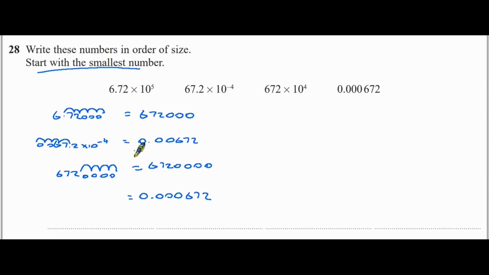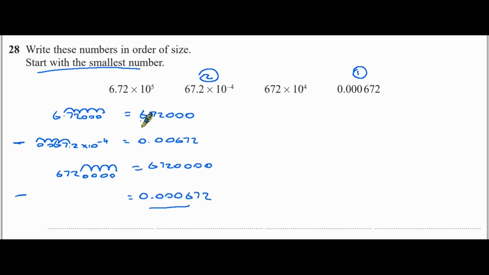Well, the small numbers of course are the second one here and the last one. Now this one starts right down in the 10,000s. It's got 3 zeros before the numbers start. So this is the smallest number, so that you would list 1. The second smallest is then of course 0.00672, which was our second one in the list, so that comes second.